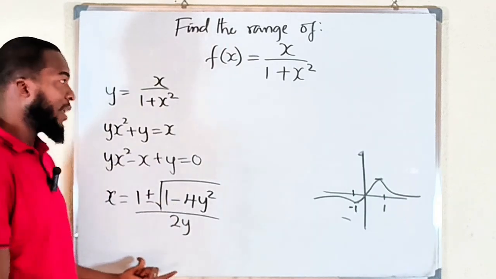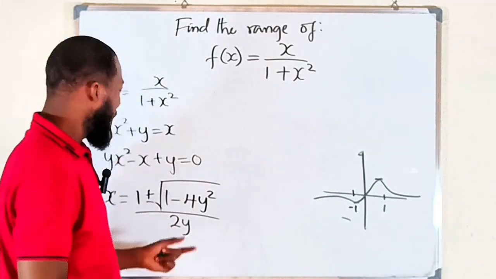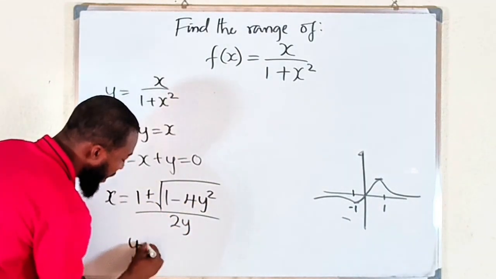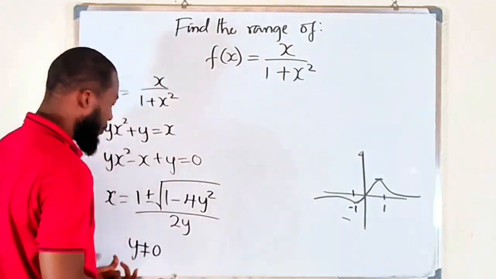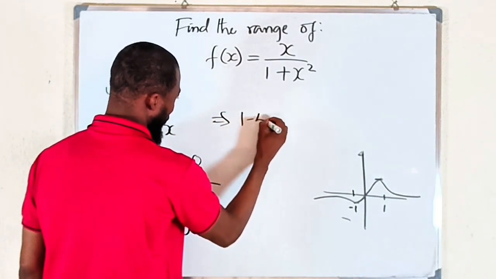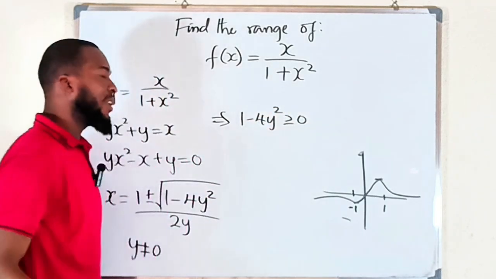Remember, we are looking for the output. Pay attention to the y. y cannot be 0 because we don't want our denominator to be 0. And we have a square root here, and we know that the content of the square root must be greater than or equal to 0, right? So this implies that this content, 1 minus 4y squared, must be greater than or equal to 0. So let us solve.